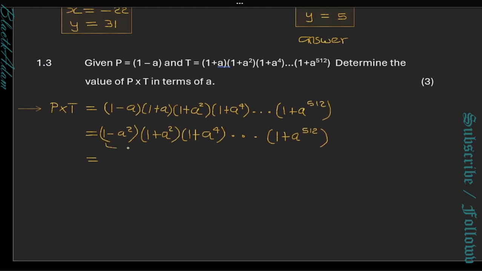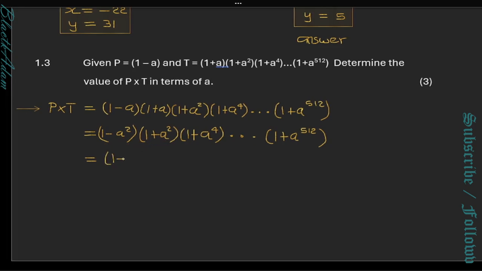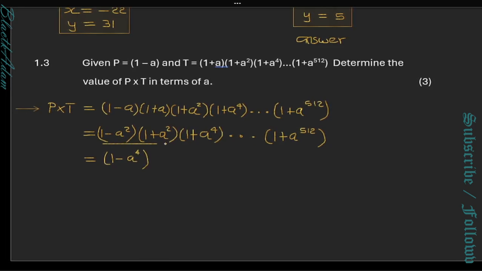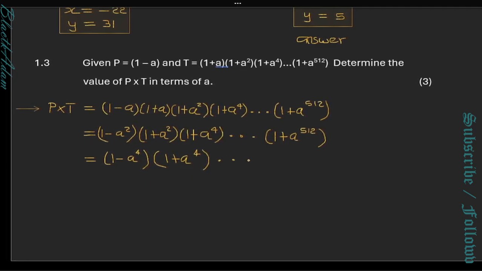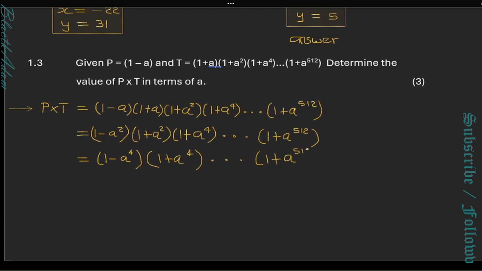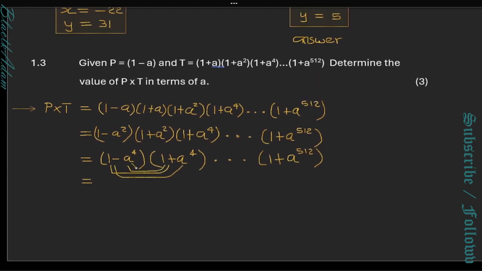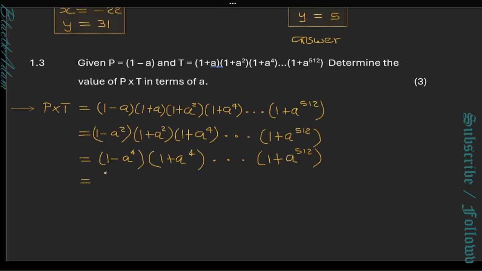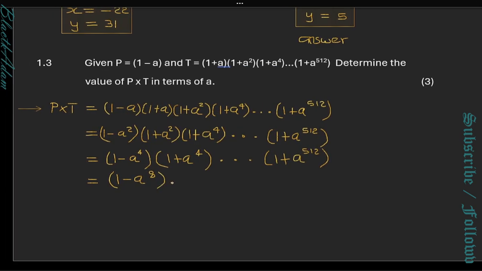The next thing we do, we multiply once again, 1 times 1, and multiply everything there. We're going to get 1 minus a power 4 multiplied by 1 plus a power 4, until we reach 1 plus a power 512. We repeat the process, multiplying the brackets. We have 1 minus a power 8, that's what we get finally, and so on.